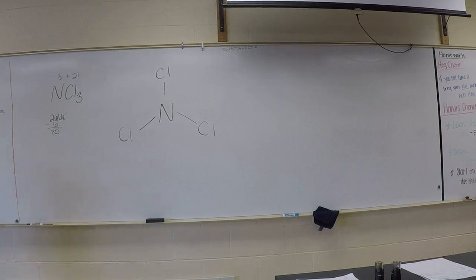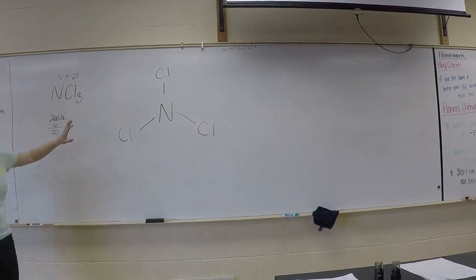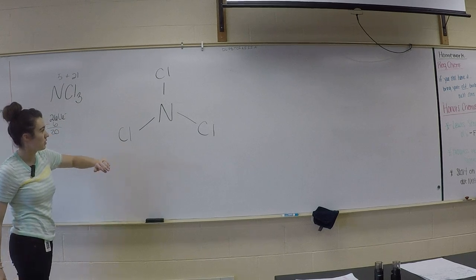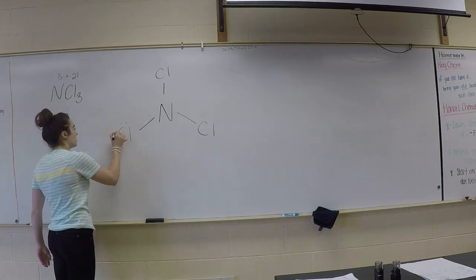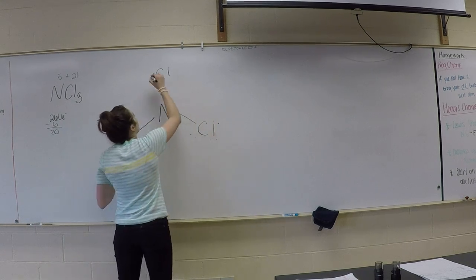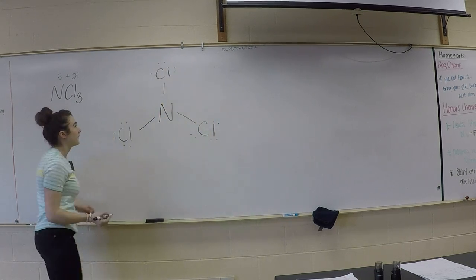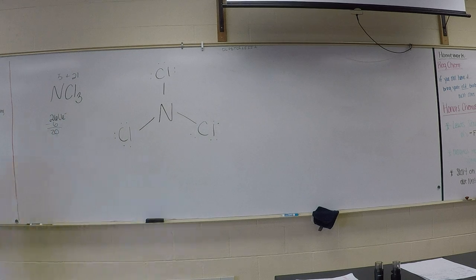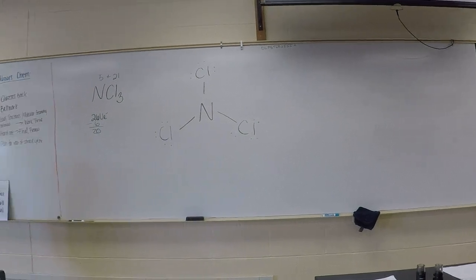All right. Now we go to what first to put on electrons? The outside. Chlorine. Each of our chlorines need how many more each? 6 to make 8. So how many did we just use up? 18.